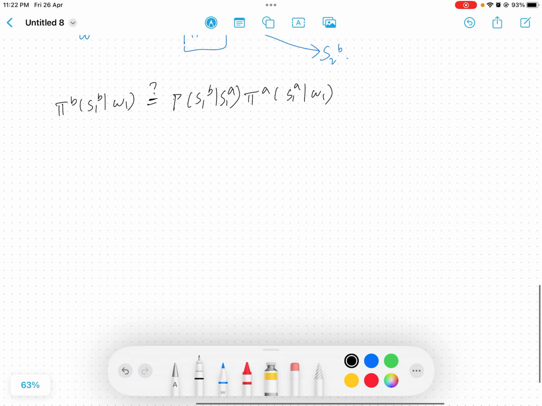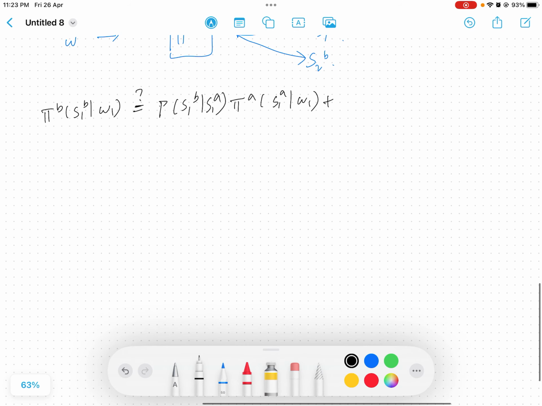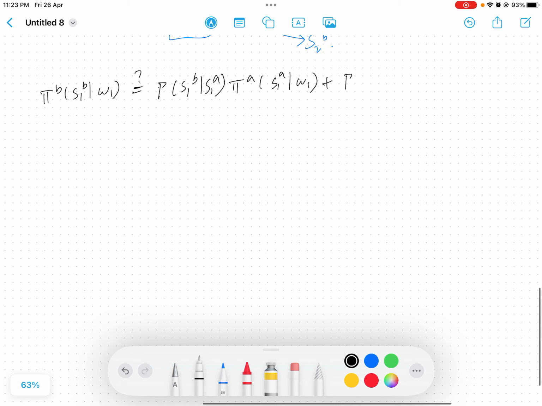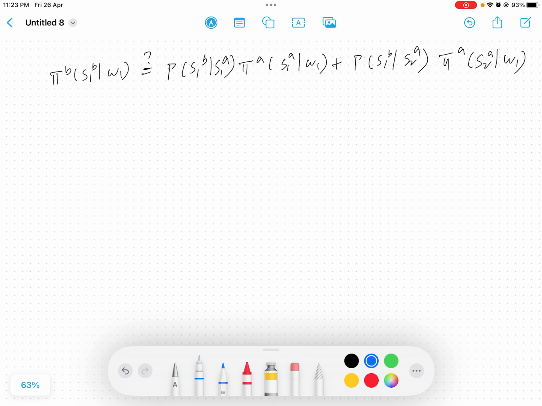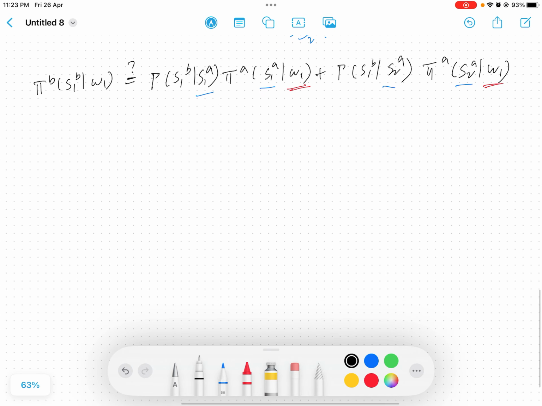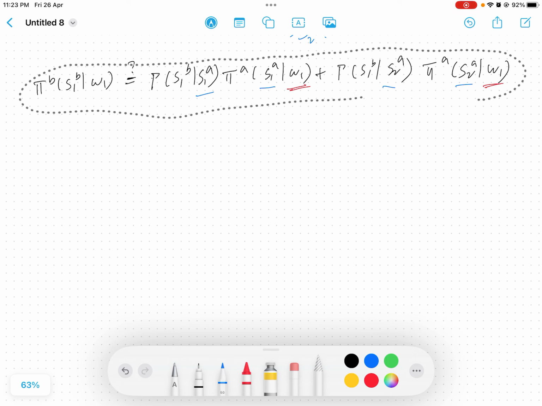Of course, there's another possibility: gamma of S1b given S2a, with correspondingly pi a of S2a given omega 1. So here we have S1a and S2a, both given omega 1. Similarly, we can also do this for S2b, so let's do that.